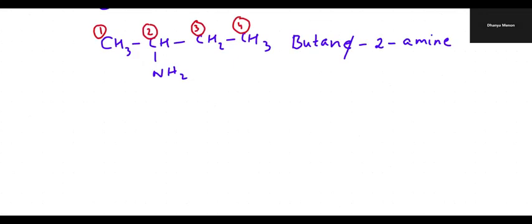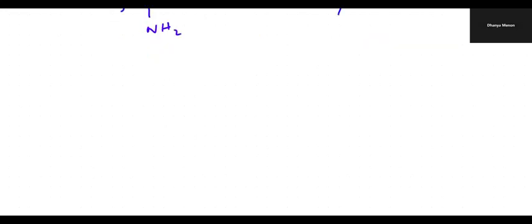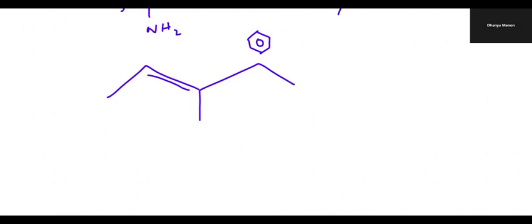Now, coming to some bond line structures. If I give a question like this, this is carbon atom, CH3. This is carbon. This is carbon.